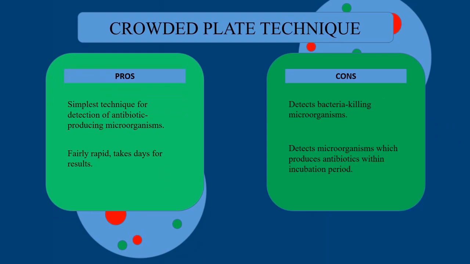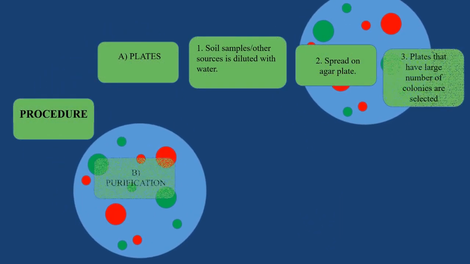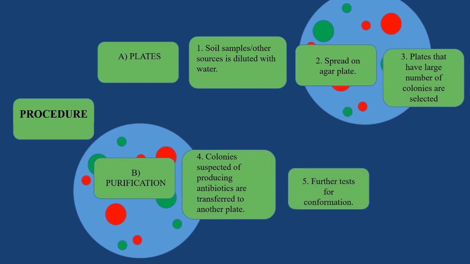The procedure of using this technique has two parts, the plating part and the purification part. For the plating part, first, a sample of organism from soil or any other source is diluted in water and then spread onto petri dishes containing agar gel, which is rich in nutrients for the bacteria to grow.